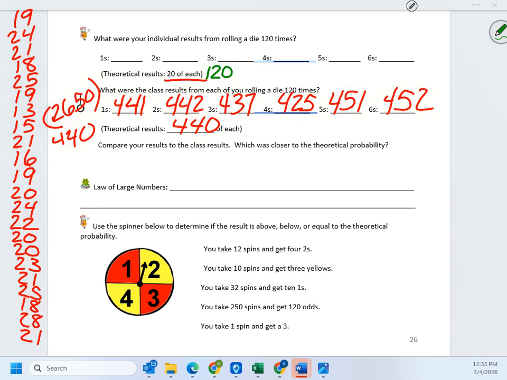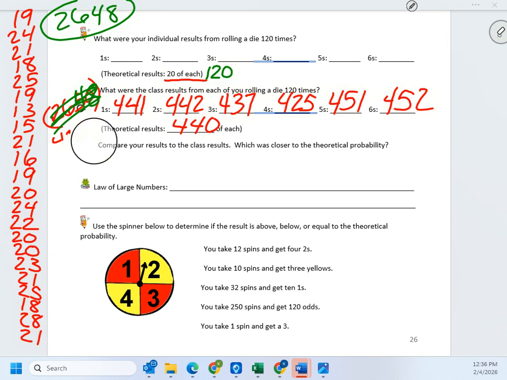Is that what everybody else got? Okay, so our total amount is 2,648. So, individually, take your number and divide it by 120. For the class, take the number divided by 2,648.